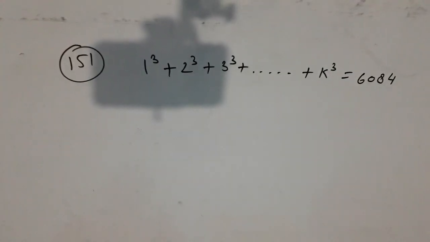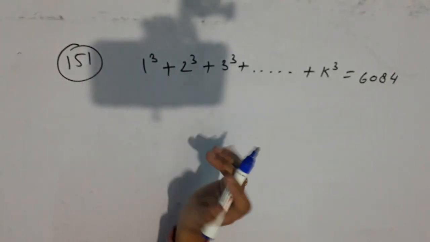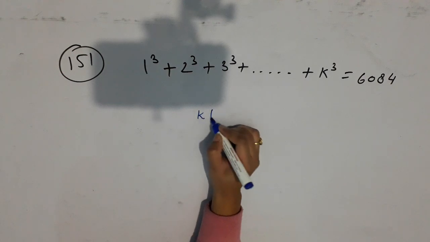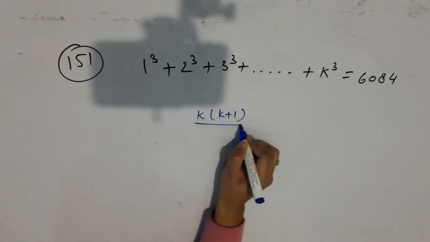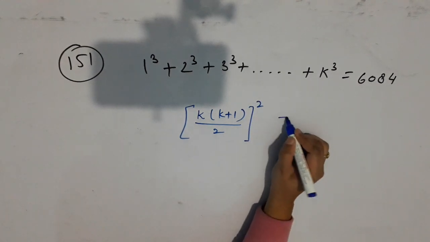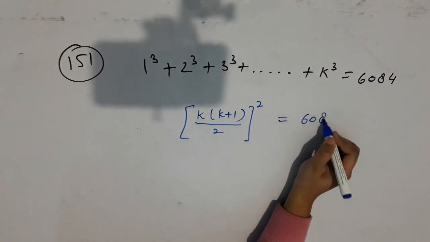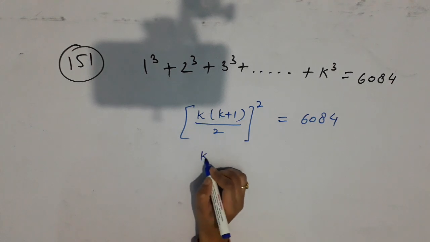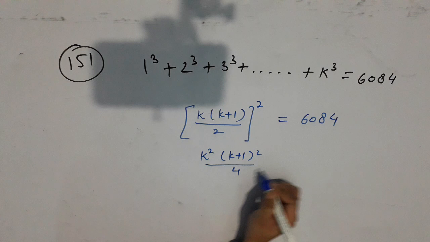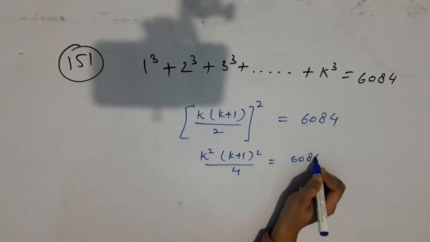First of all, you have to know the formula of the sum of cubes. So the formula is k into k plus 1 upon 2, whole square, and that is 6084. So here it is k square into k plus 1 square upon 4 is equal to 6084.